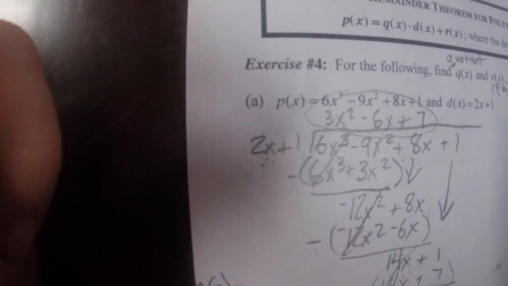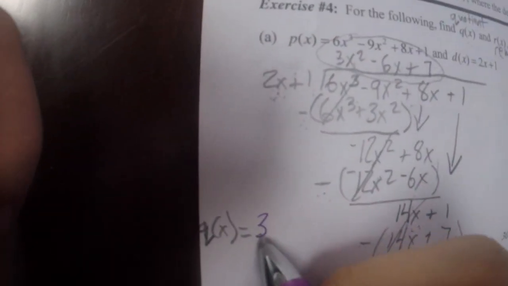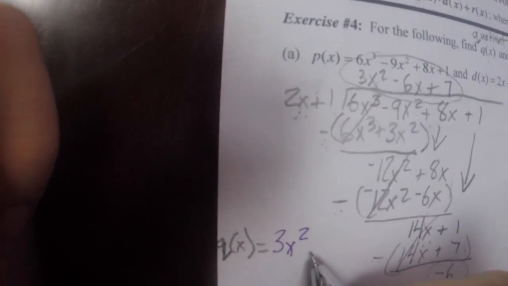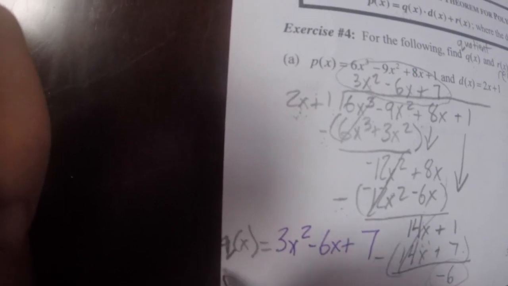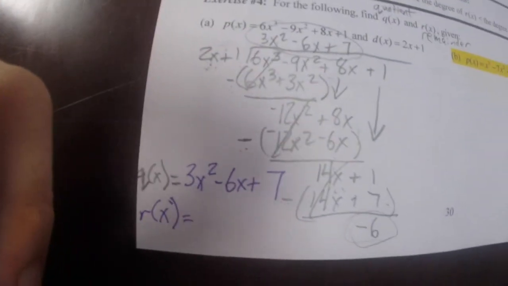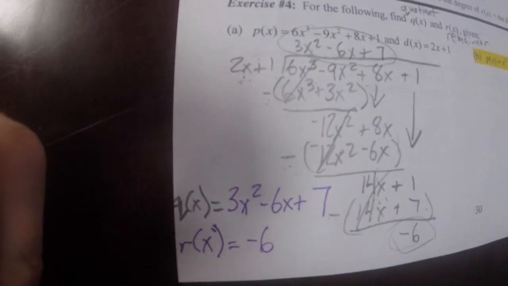Our quotient equals, what's up here? 3x squared minus 6x plus 7. That's our quotient. And what's our remainder? Well, that's what was left down here. So our r of x is just negative 6.